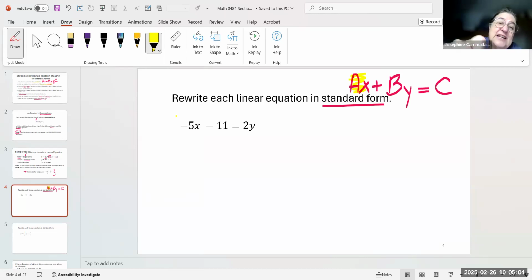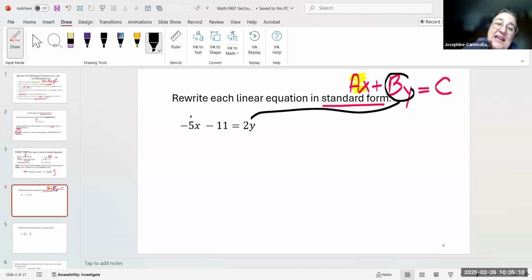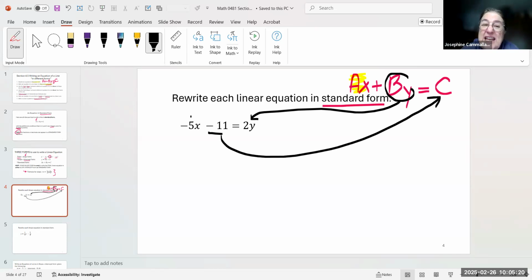Well, first off, if we look at this first problem, notice my by is not on the same side as the x. My negative 11, which is my c, is also on the wrong side.